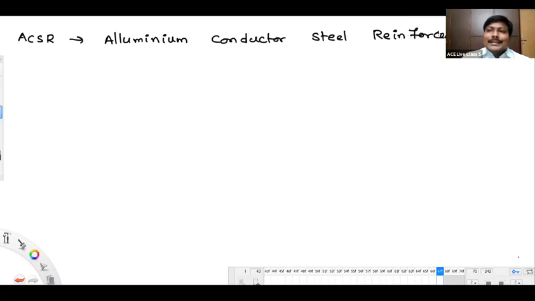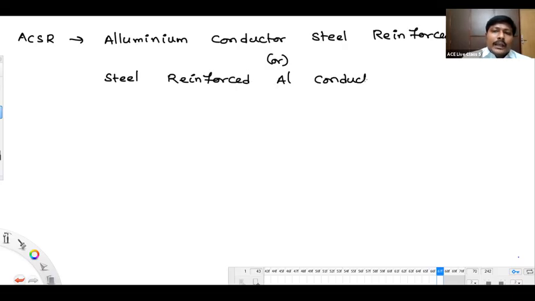Else you can call it a steel reinforced aluminum conductor also. Same thing, you can name it in this way also.